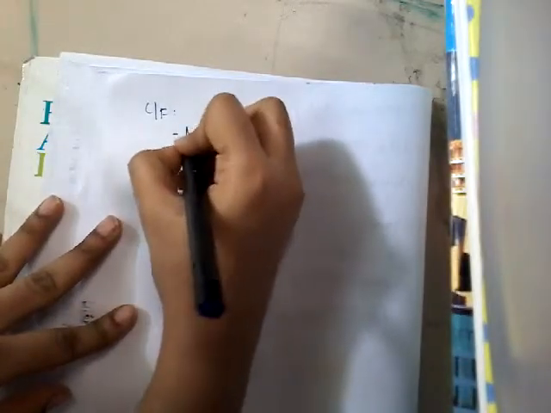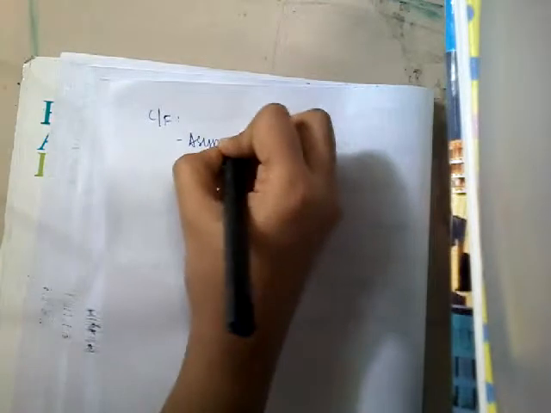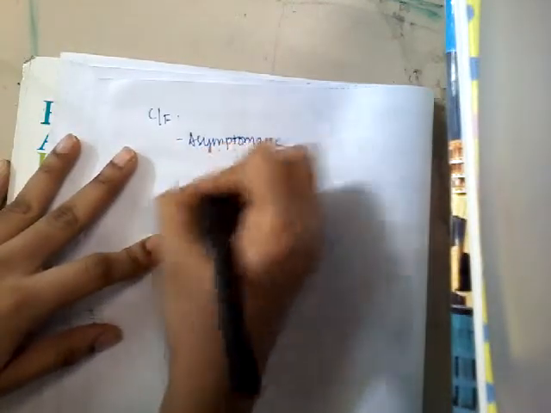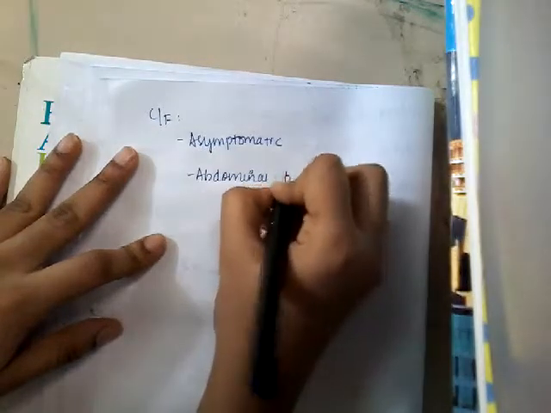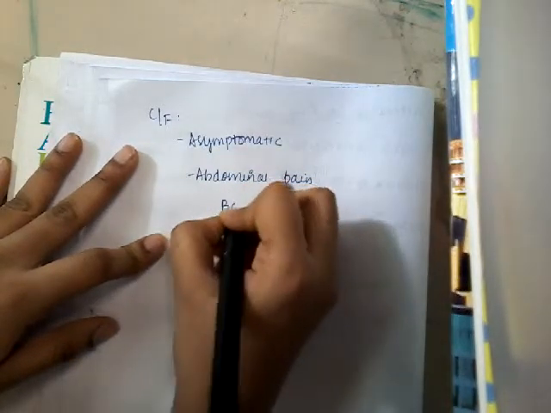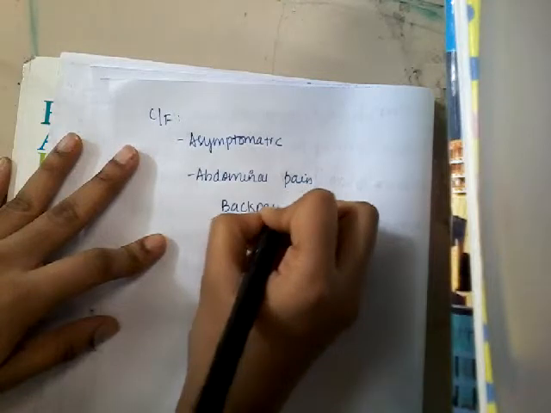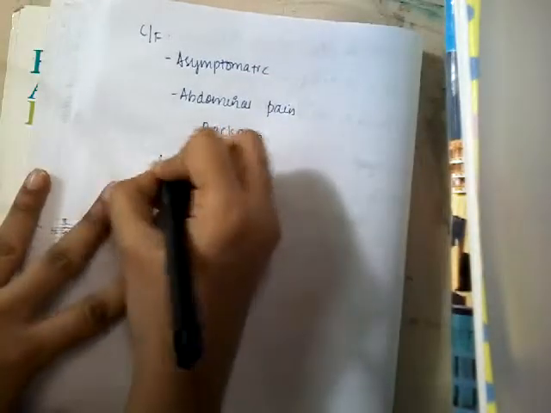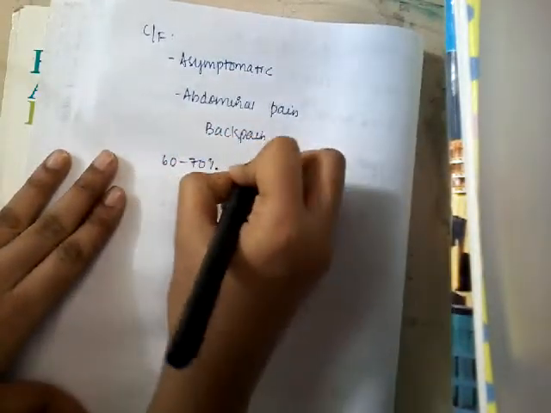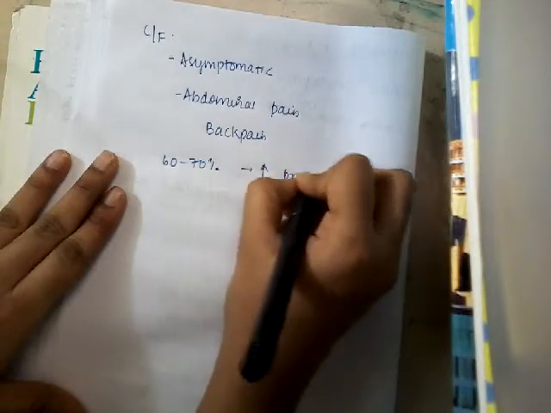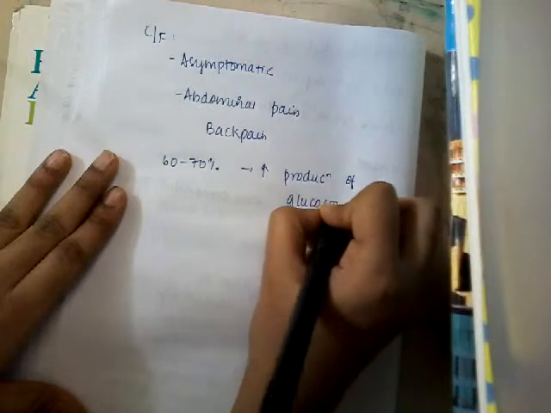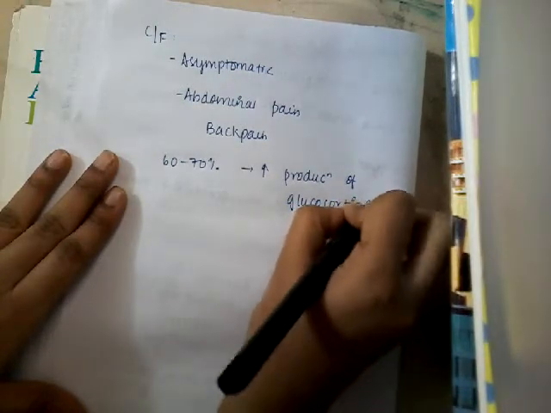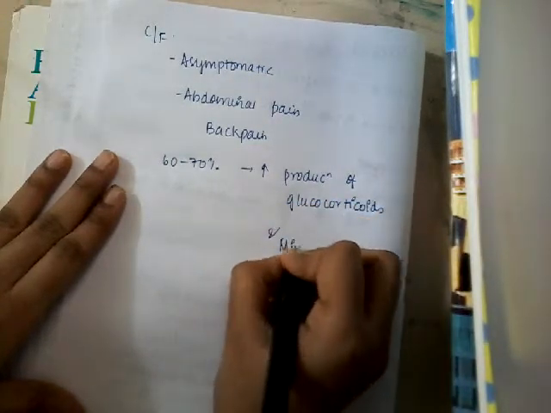The clinical features include the following: mostly the patients are asymptomatic, but sometimes they complain of abdominal pain and back pain. In 60 to 70% of the cases there is increased production of glucocorticoids and mineralocorticoids.